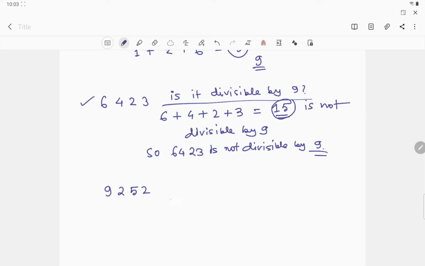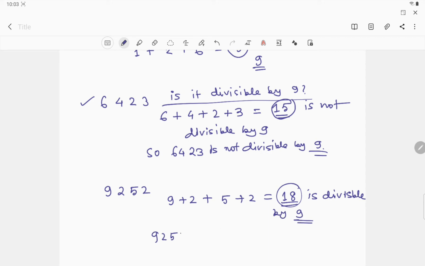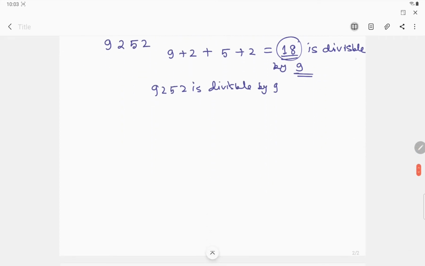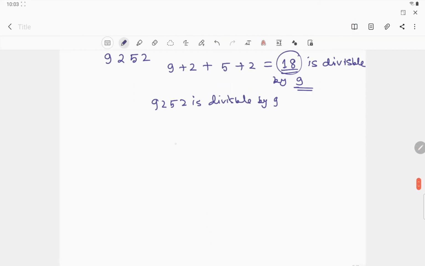So simply add the digits. 9 plus 2 is 11, 11 plus 5 is 16, 16 plus 2 is 18. Oh, it is 18. You know 9 2s are 18. So the sum is divisible by 9, and you can easily tell 9252 is divisible by 9.